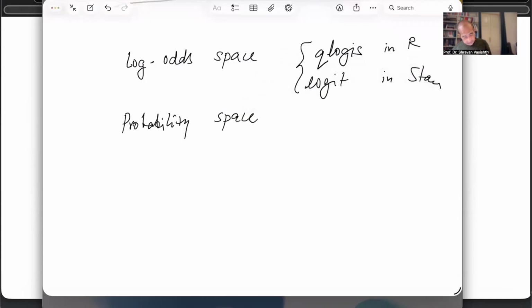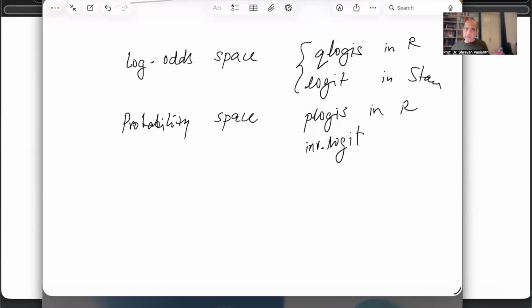And if you want to go into probability space, in R you would use plogis, and in Stan you would use inverse logit. Like I said, we never want to make life easy for anyone. We always want to define everything differently. That's what people are like.